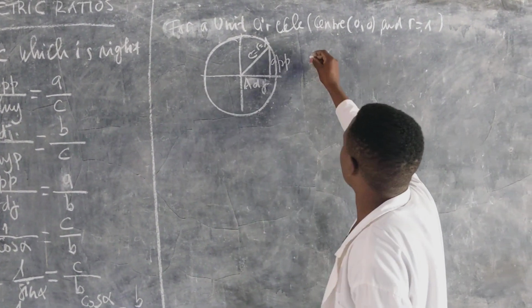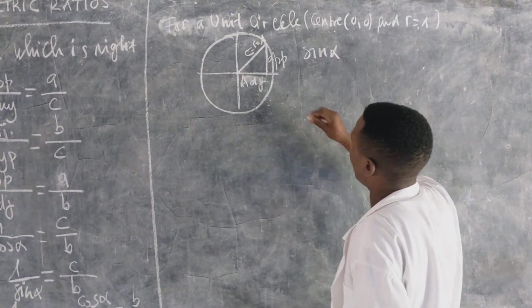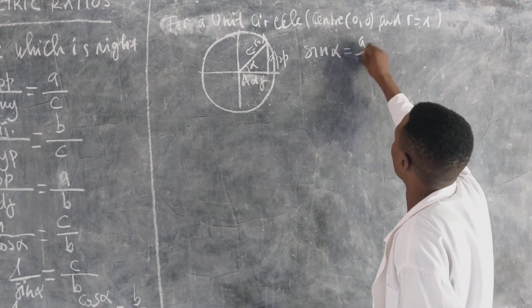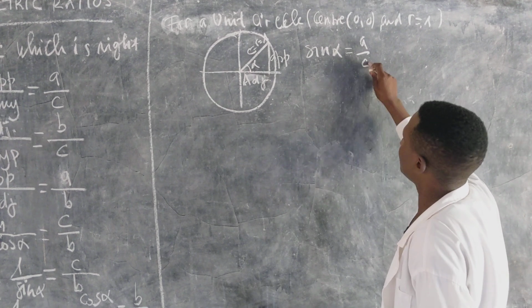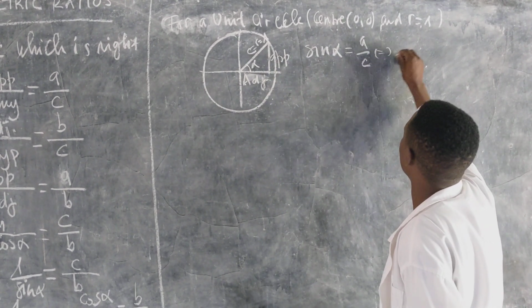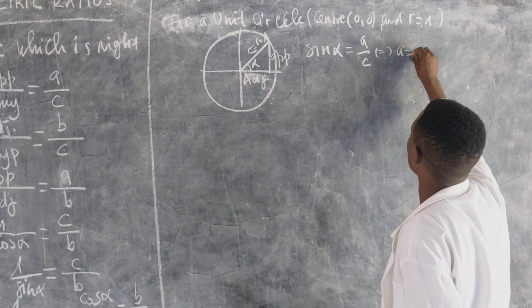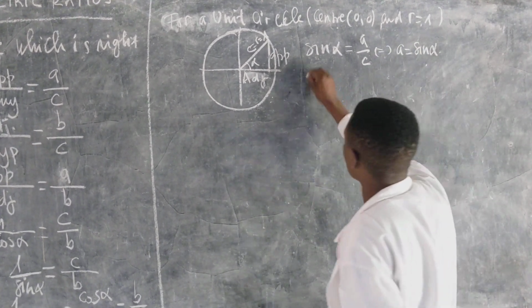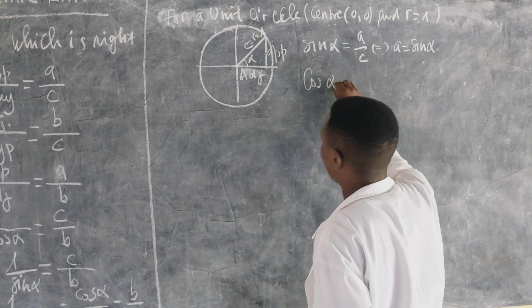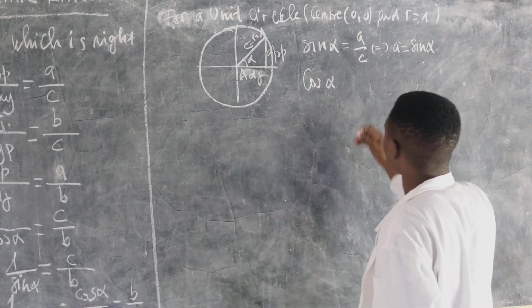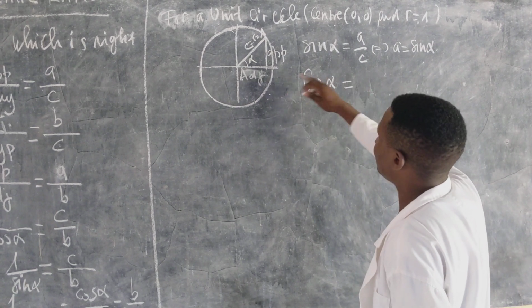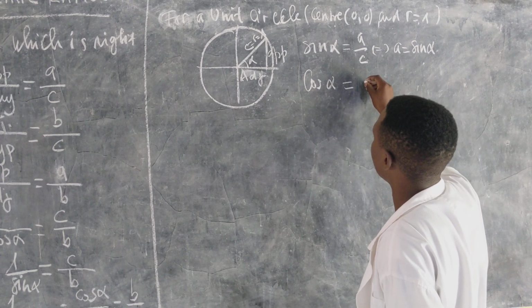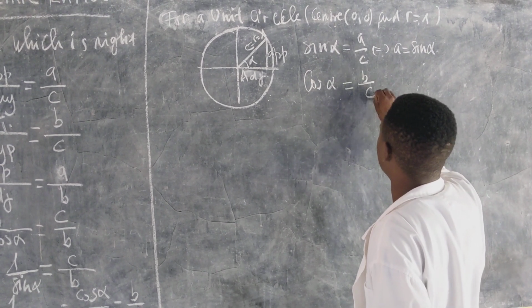So we have seen that sine of alpha is equal to a over c, and c is equal to 1. This means that a is equal to sine of alpha. Also, cosine of alpha is equal to the adjacent divided by the hypotenuse, which is equal to b over c.